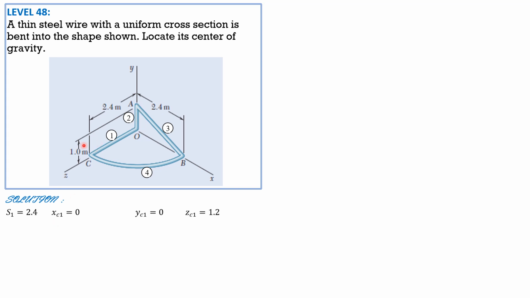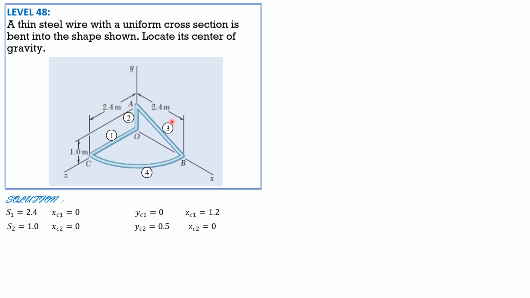S2 is 1 meter length. Then its x lies on the YZ plane, so x sub c2 is 0. y sub c2 is half of 1, so 0.5. And z sub c2 lies on the XY plane, so z sub c2 is 0.